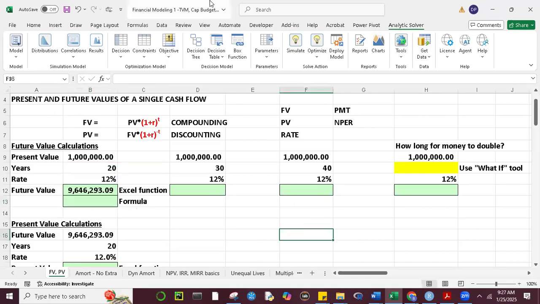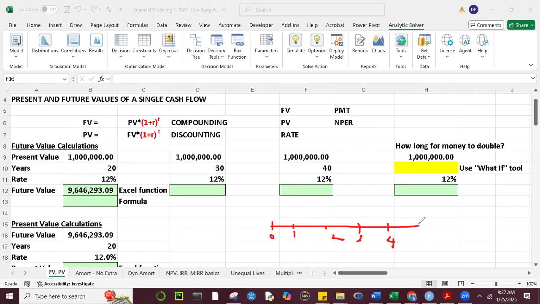Let me illustrate that. I'm going to draw again. So this is your timeline. Depending on your cash flow, one, two, three. I'll have to find my digital pen because it's so difficult to write via mouse.